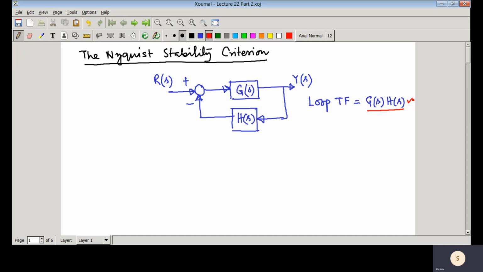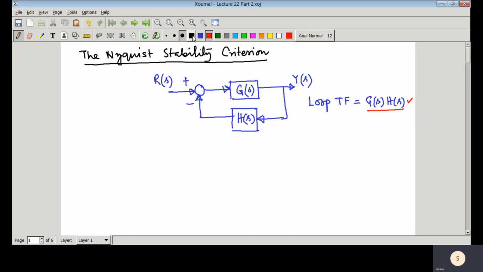And if we know the loop transfer function's frequency response, that means whenever the frequency varies, how the gain and phase vary, if we have these two pieces of information, then easily we can say whether this closed loop system would be stable or not.